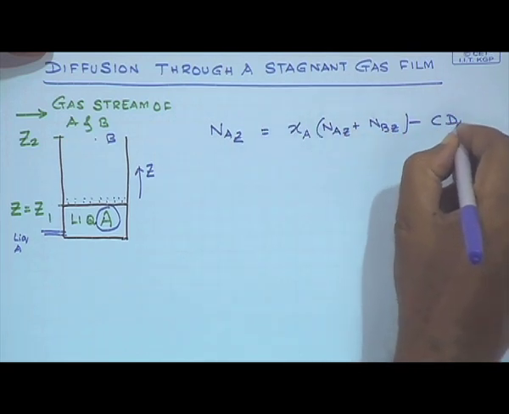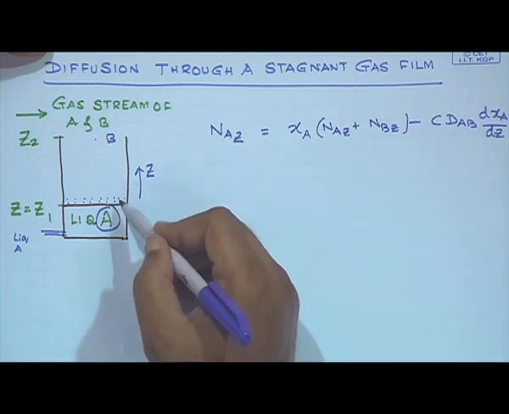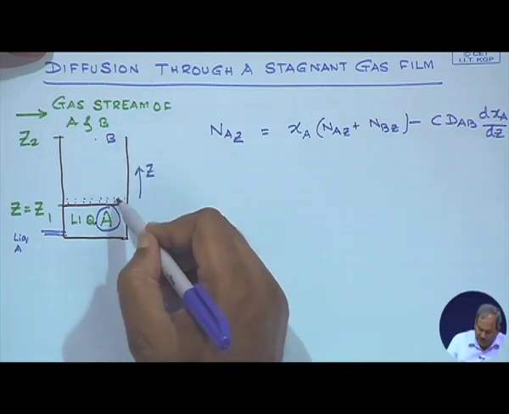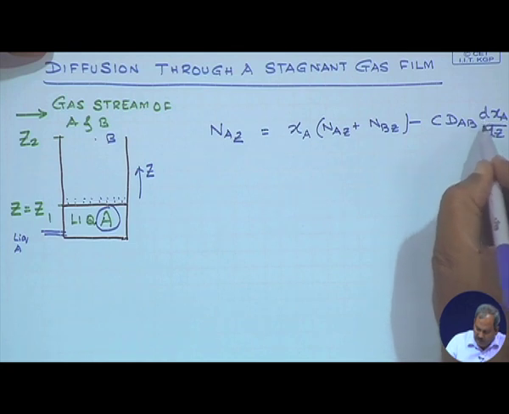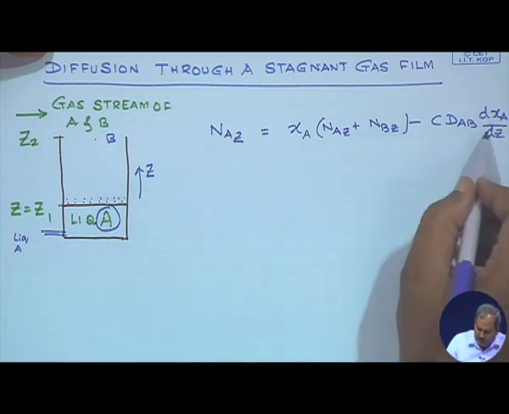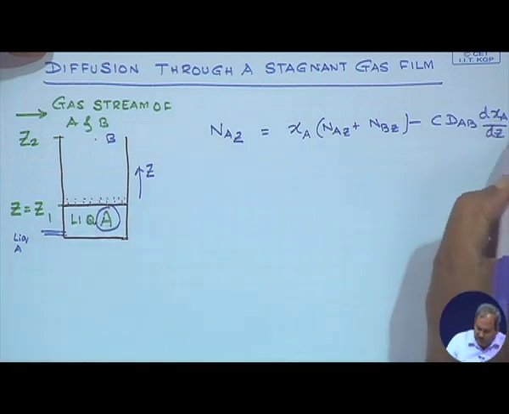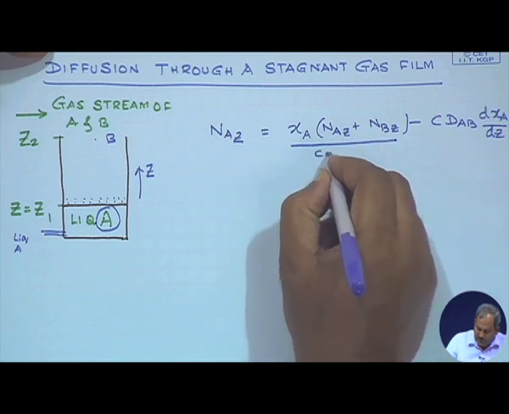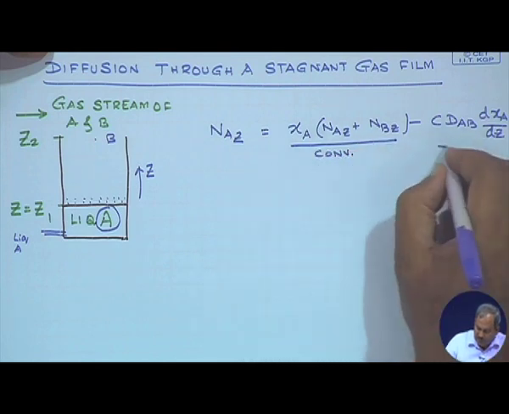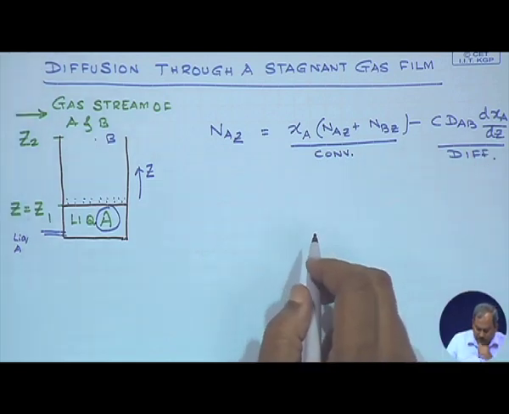We also understand that the concentration of A is a function of only z, and that is why I can use the ordinary differential sign. It is not a function of any other coordinates. So, that is why it is simply dx_A/dz. So, this is the convective or the bulk motion, and this is the diffusive or molecular motion.